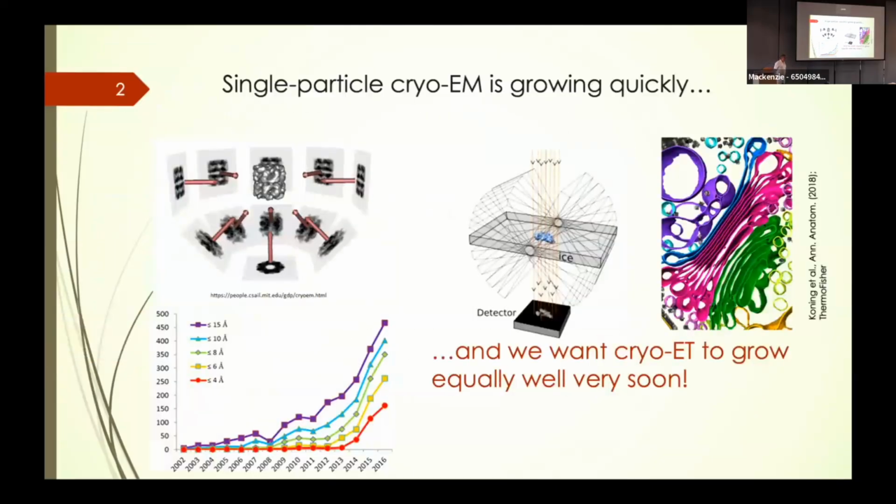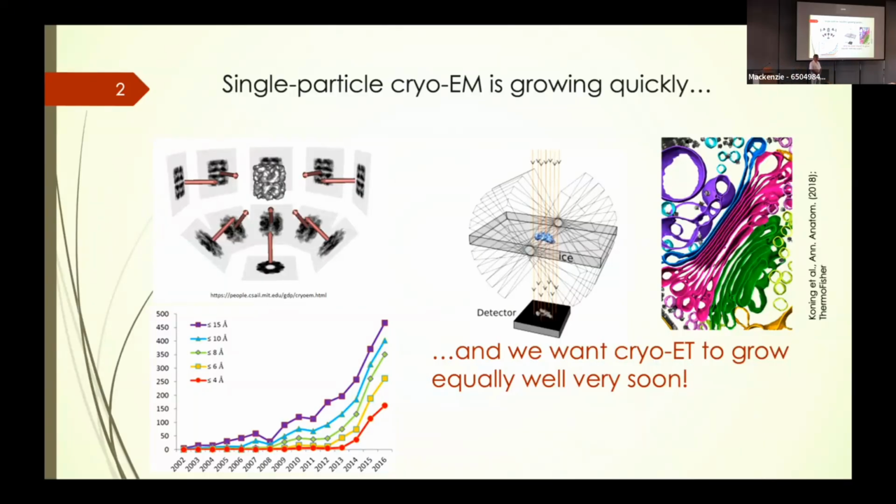Okay, single particle cryo-electron microscopy is now the up-and-coming method to gain structural information on biological macromolecules. You can see here the number of deposited protein structures in the protein structure database as a function of time. The plot stops in 2016.